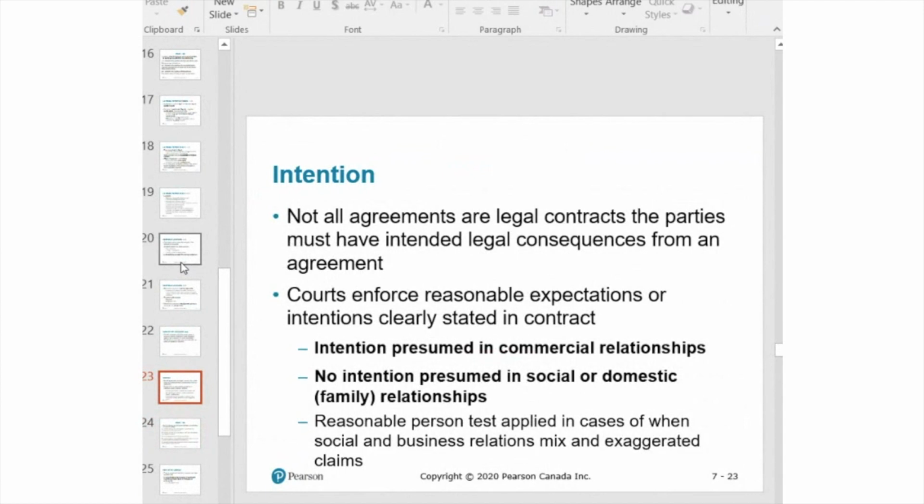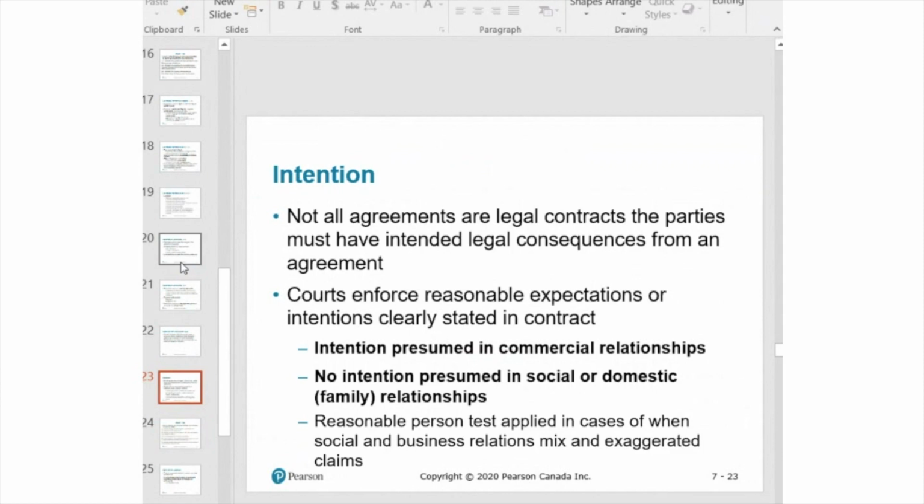So let me give you this example. I'm selling my car to my daughter. As I just told you, the law says that there's a presumption of no intention. However, if I have evidence that, first of all, my daughter actually needed the car. Second of all, she paid a fair price. Third of all, she had an opportunity to seek legal advice, independent legal advice.